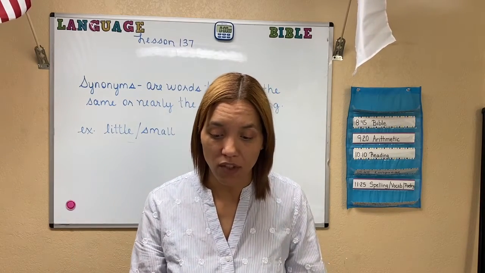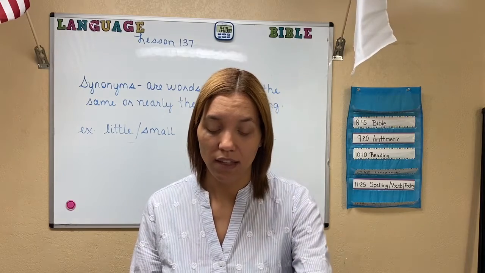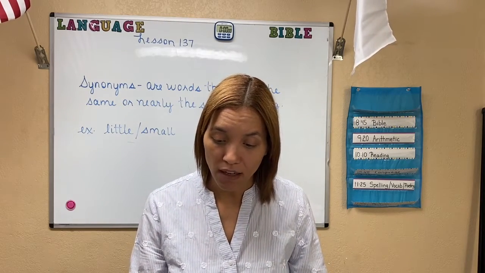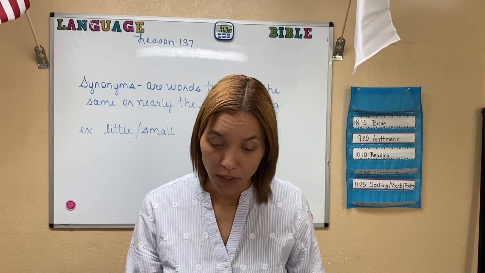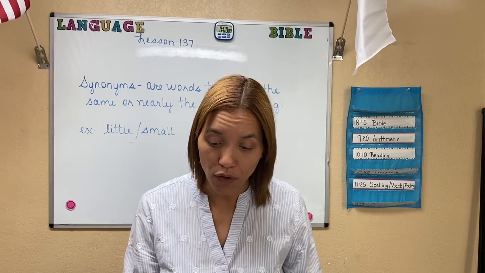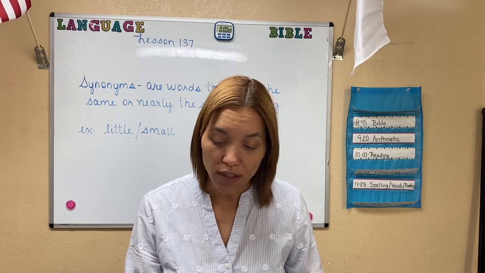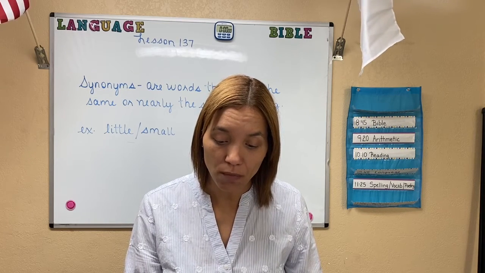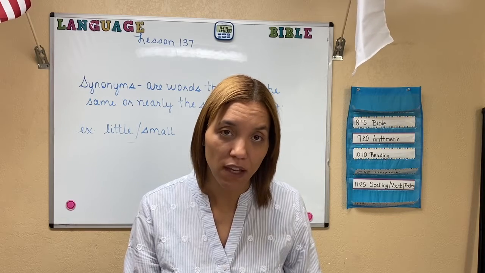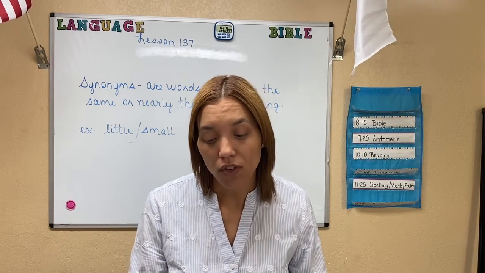Let's do together the think section. And let's see, it says, when there are several words that mean about the same thing, you should choose the word for your writing that is the most specific. Circle the synonym in each group, which is the most specific and exact. So number 1, it gives you 3 words.